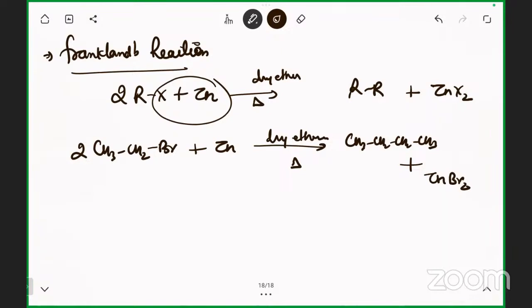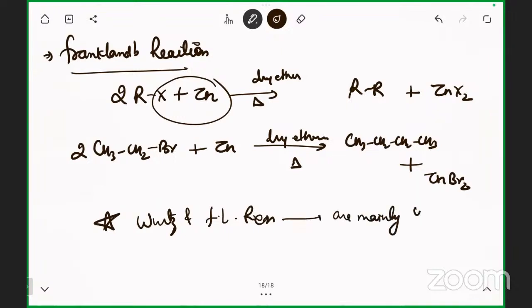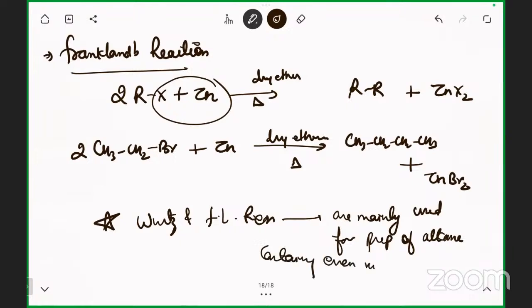You have to remember one thing: Wurtz's reaction and Franklin reaction, both reactions are mainly used for the preparation of alkanes containing an even number of carbon.